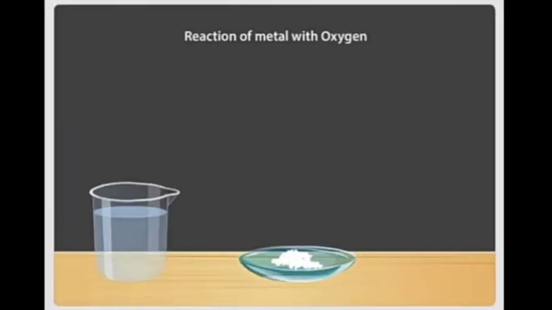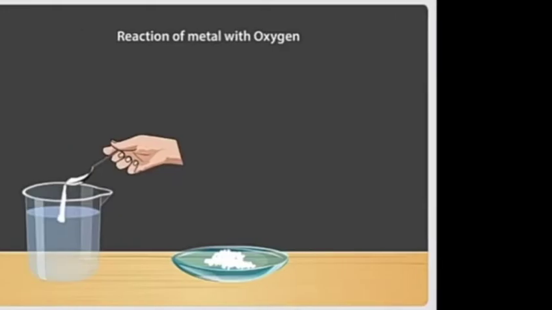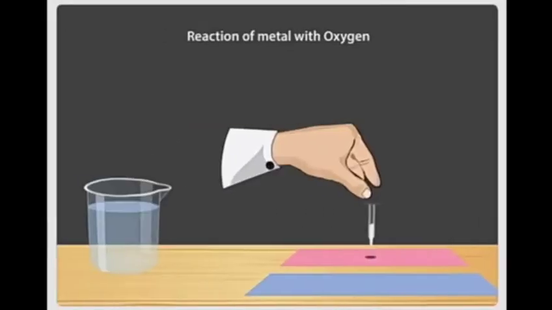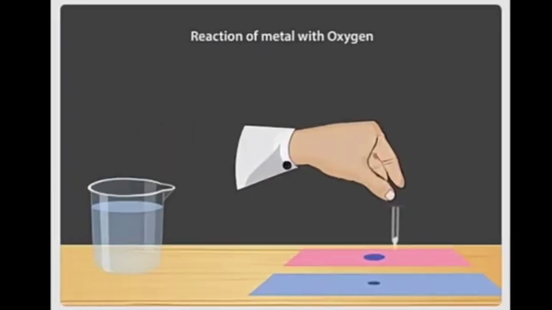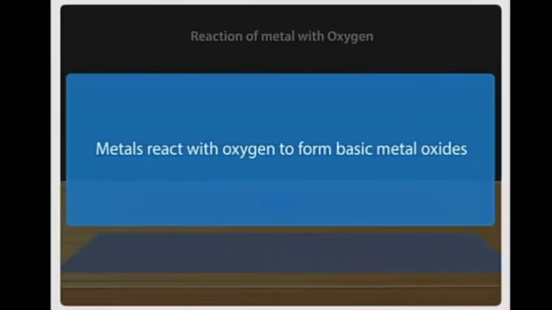If the white ash is dissolved in water and tested with red and blue litmus papers, we'll find that the red litmus paper turns blue. This is because the magnesium oxide formed is basic in nature. So we can conclude that metals react with oxygen to form metal oxides which are basic in nature.